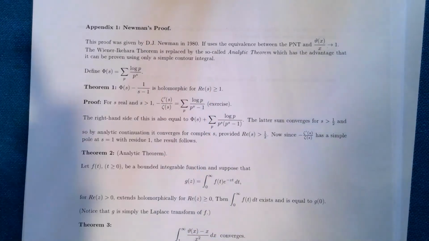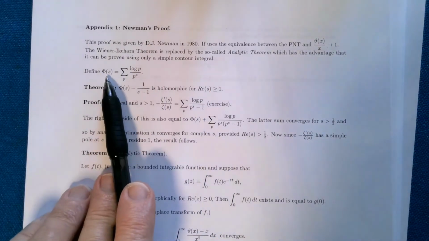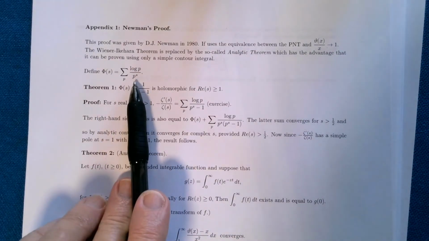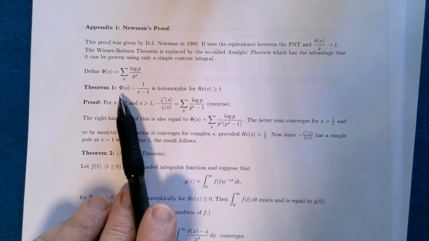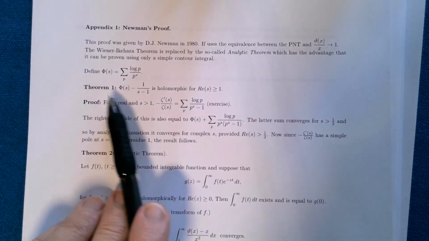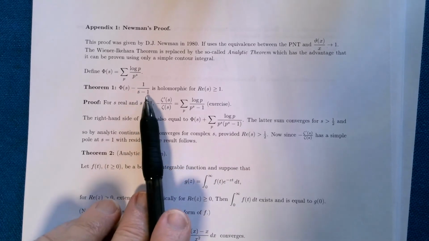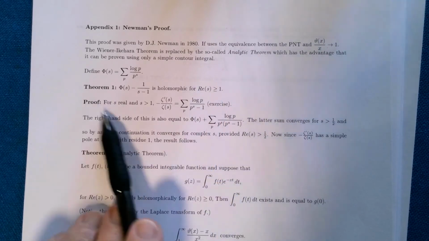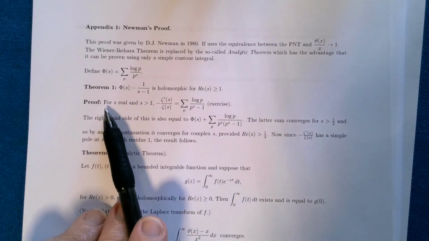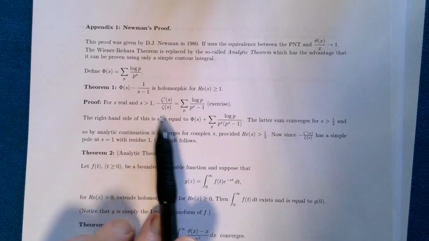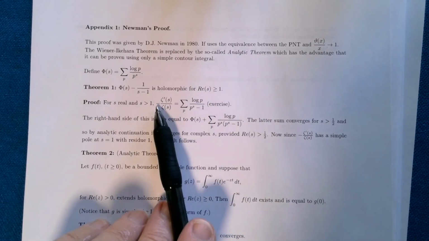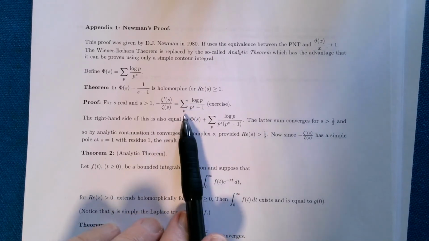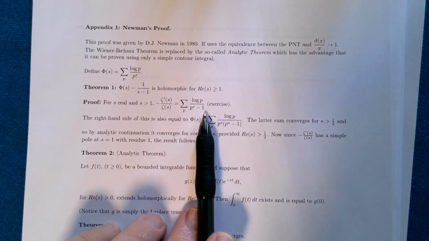So just as an outline proof, we start off with this capital Phi of s, which is the sum over the primes of log p on p to the s. And the first little theorem here is that Phi of s minus 1 on s minus 1 is holomorphic for the real part of s bigger than or equal to 1. So the proof of this is simply, if s is real and s is bigger than 1, then it's an exercise to prove that minus the logarithmic derivative of zeta can be written as the sum over primes of log p on p to the s minus 1.